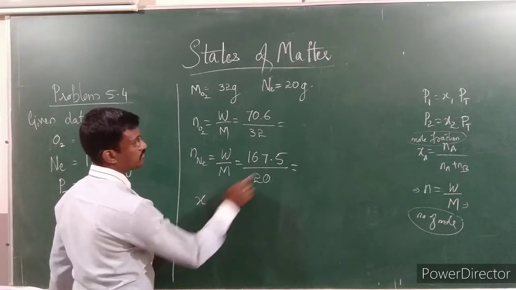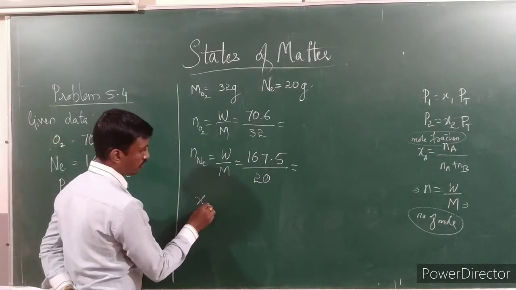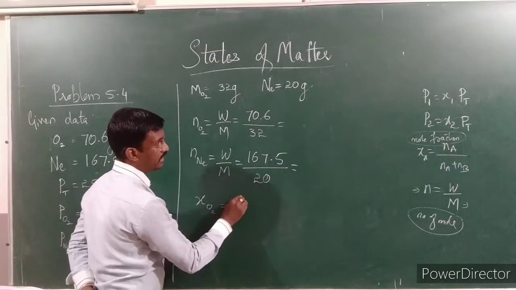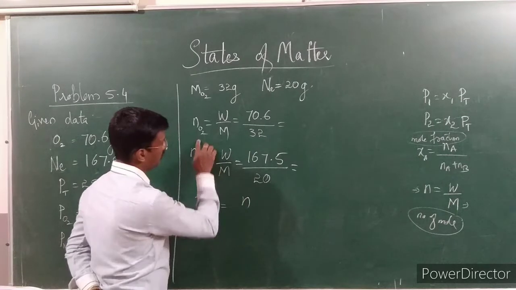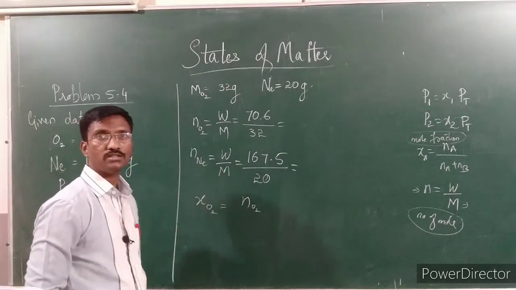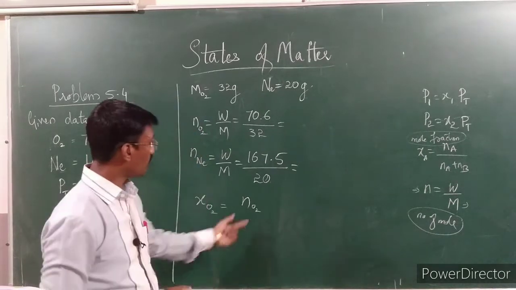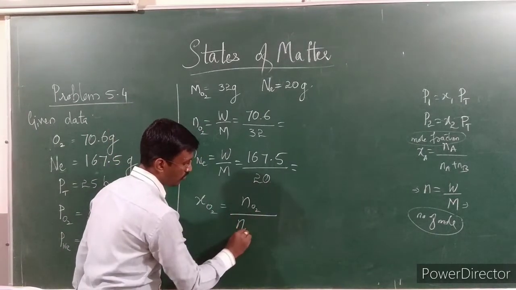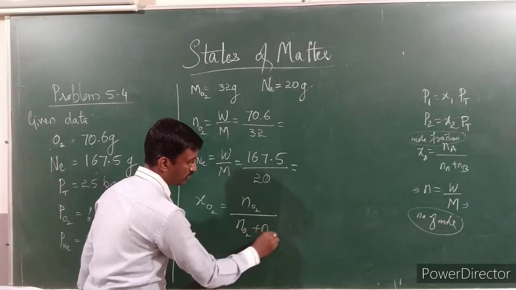So first we will calculate the mole fraction of oxygen, dioxygen, that is Na upon Nb. If we are calculating the mole fraction of oxygen, we have to write the number of moles of oxygen first, divided by the number of moles of oxygen plus the number of moles of neon.